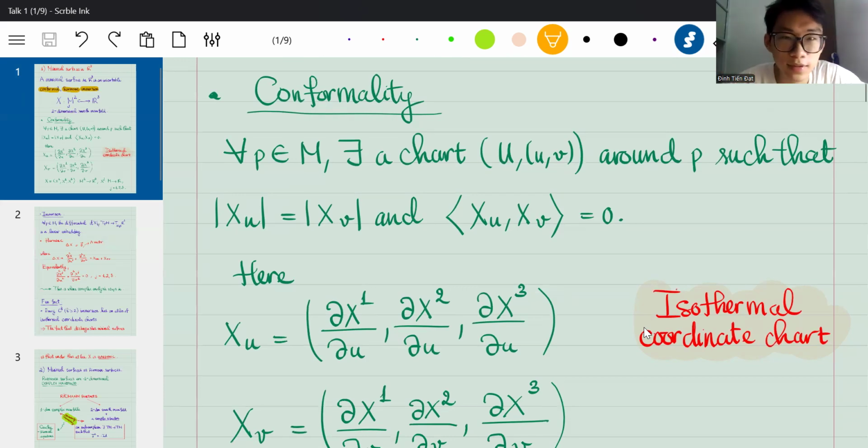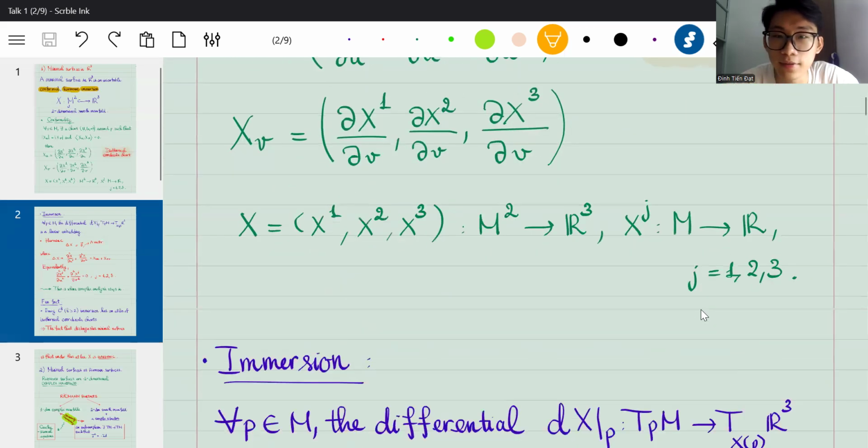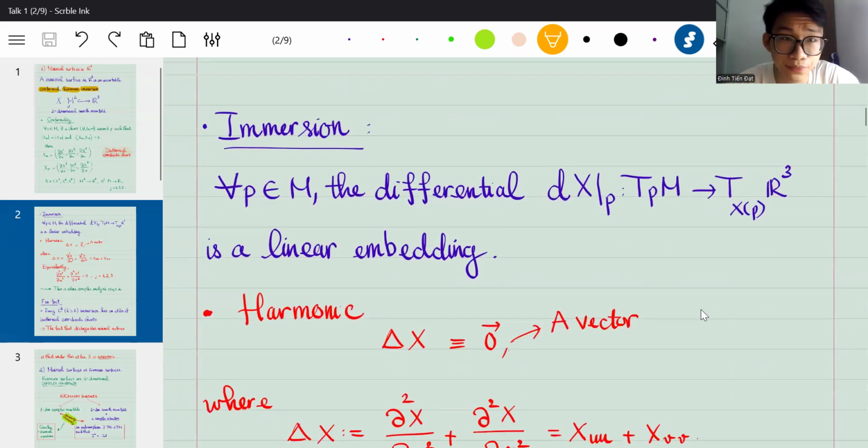Well, this actually is not something very distinctive about minimal surfaces. We can actually do this intrinsically on every Riemannian manifold. At first glance, this looks very mysterious, but it's actually not something that is very special about minimal surfaces.